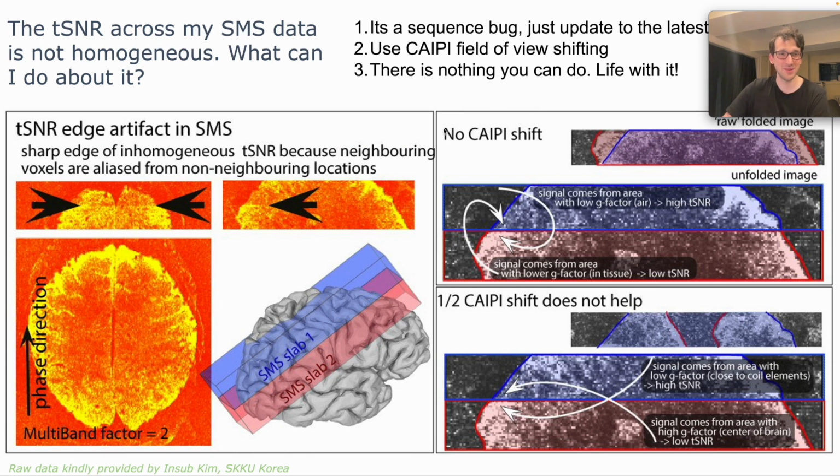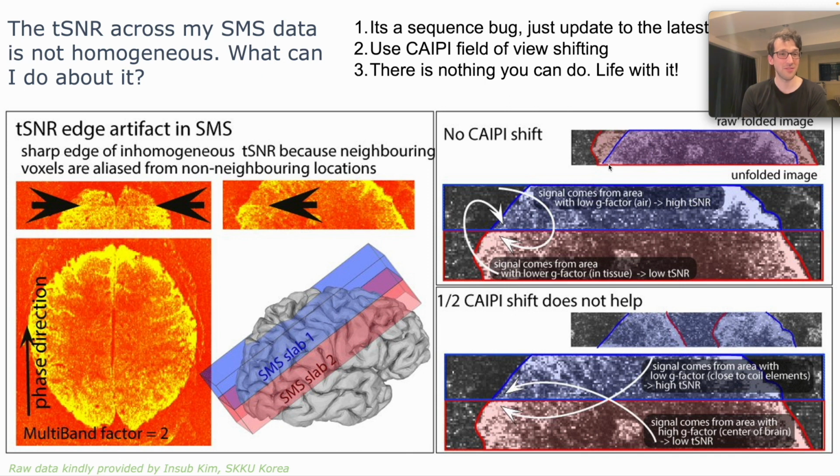So here, for example, let's look at an example where we don't do CAIPI field of view shifting. So basically having the two slabs aliased on top of each other. And there you can see that the bottom of the top slab is basically aliased and coming from signals at the bottom of the lower slab, right? So those two voxels are overlaid on top of each other here. So unaliasing them is tricky, right? We have two signals that we need to tease apart.